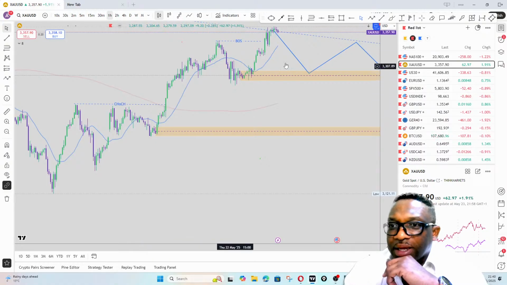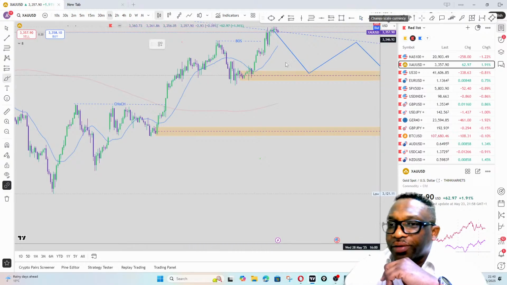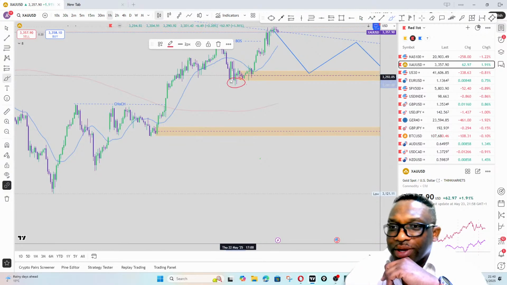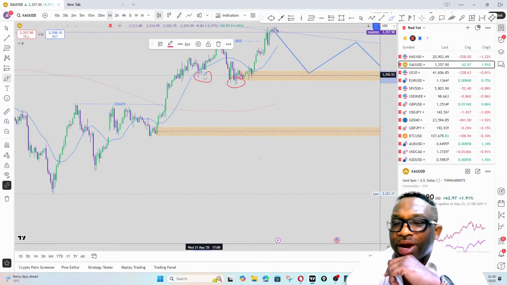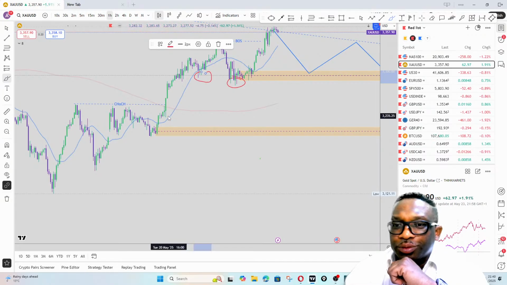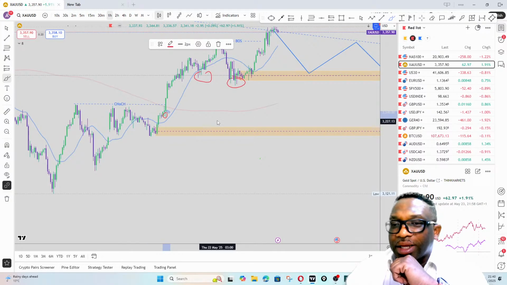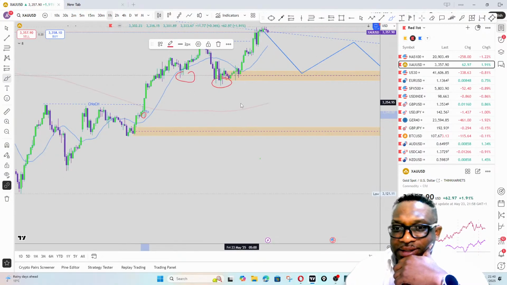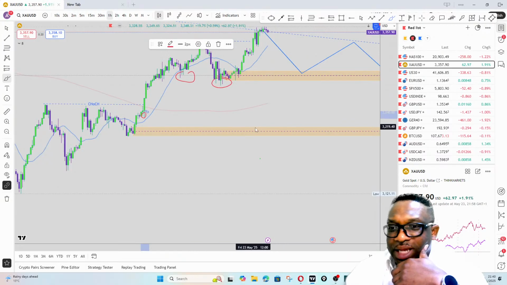Then this is another area of liquidity, where money is resting, and price loves to trade to these areas. It becomes like a magnet where it attracts price to clear these areas and then fill the imbalances as it makes its way there. So this area hasn't been tapped in yet.